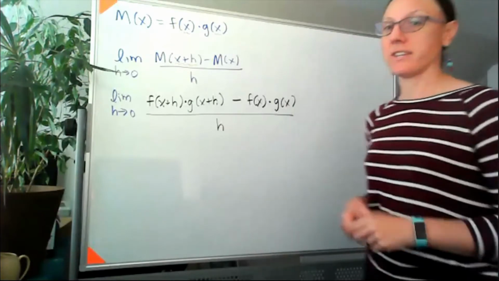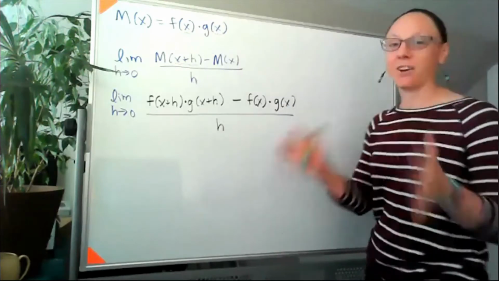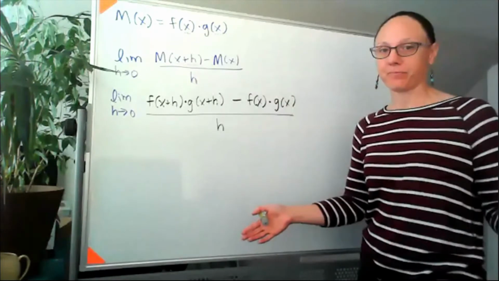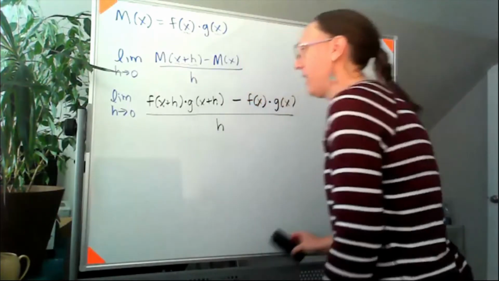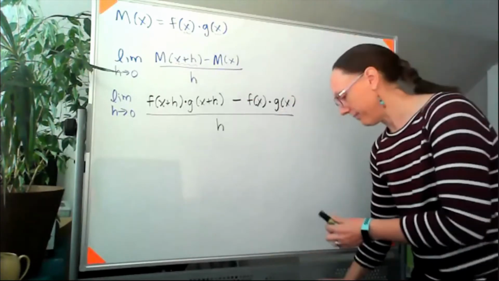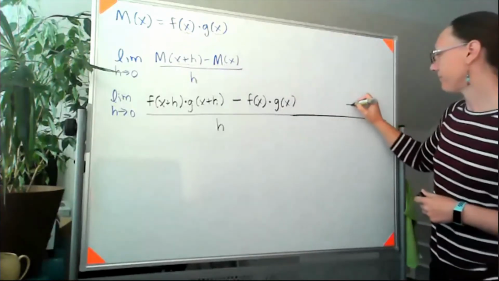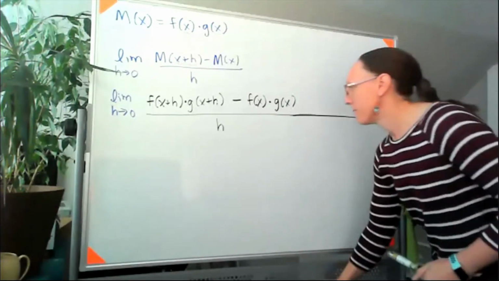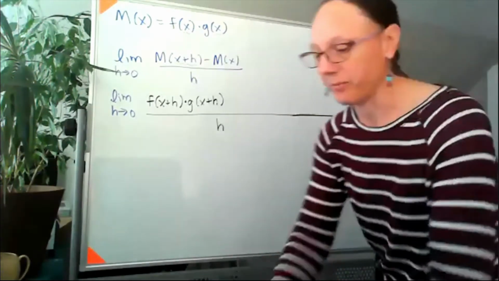So some mathematicians stared at this for a long time and said, I know what we need to do. We just have to add 0. So the mathematician came along and said, I'm going to scoot f of x, g of x over a little bit. So I'm going to move it over here. And in the middle, add 0.